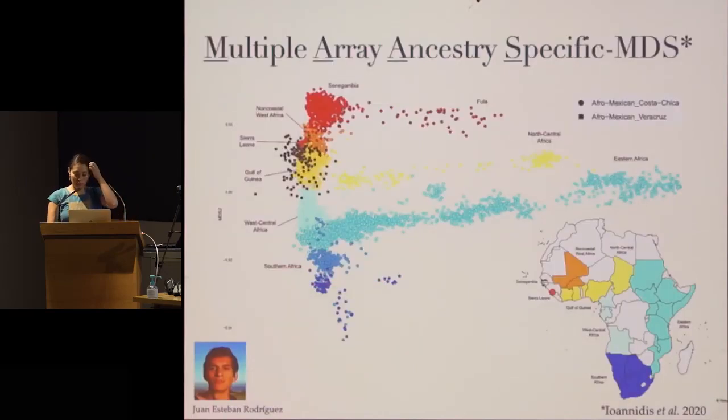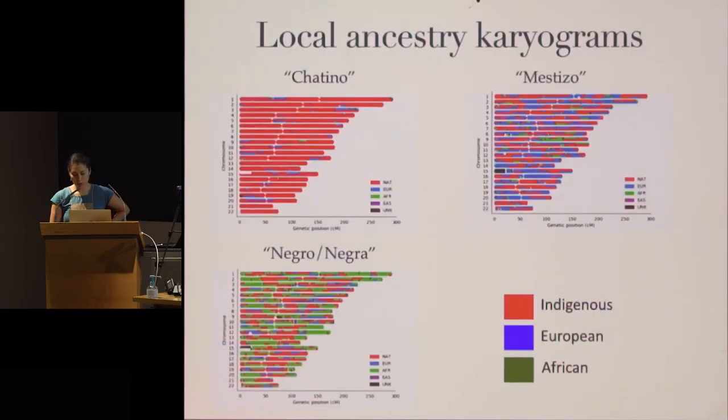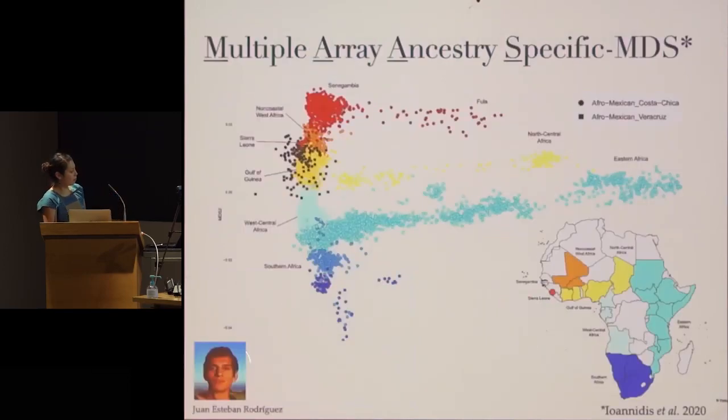A limitation that we found, before I jump into this, was that we had these reference panels from Africa, but they were in different genotyping arrays, and when we intersected these, this is a classical problem in PopGen, you end up with very few sites. So we wanted to maximize the number of populations, so we used this approach, and this was done by Juan Esteban Rodriguez, a brilliant student who's in the audience right now.